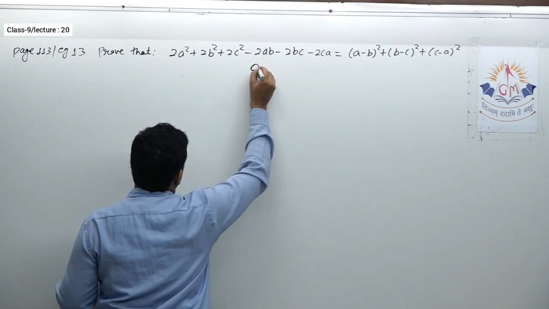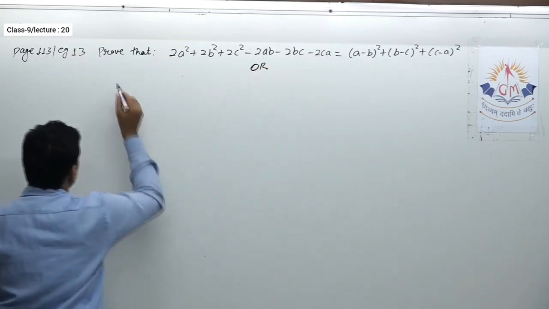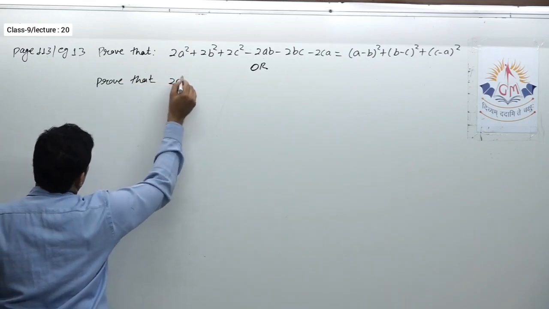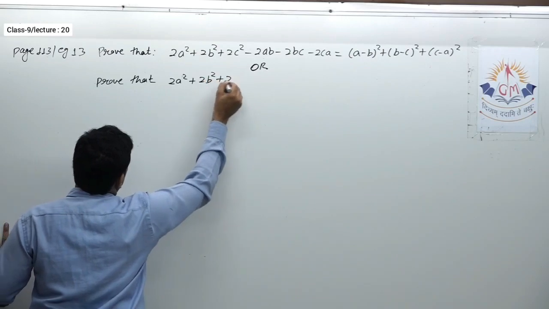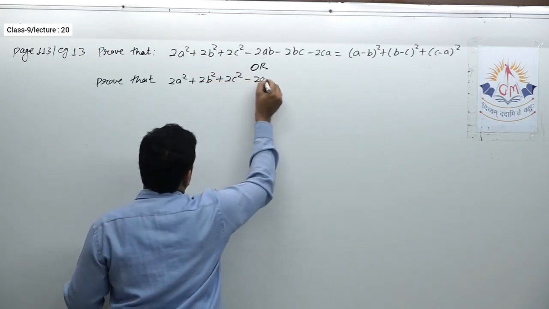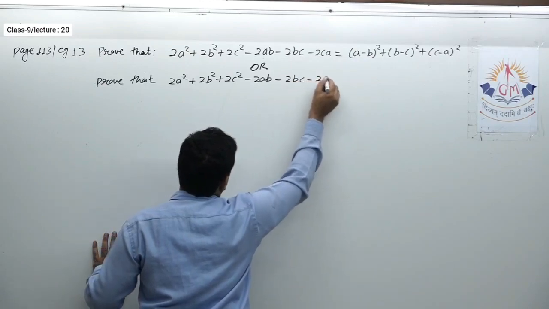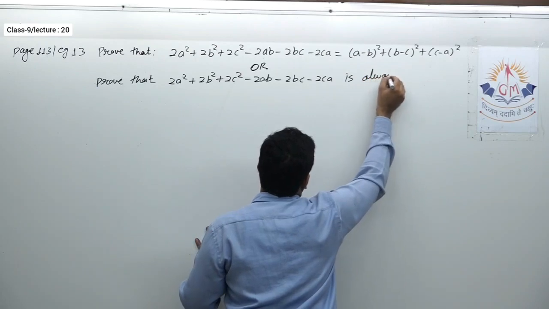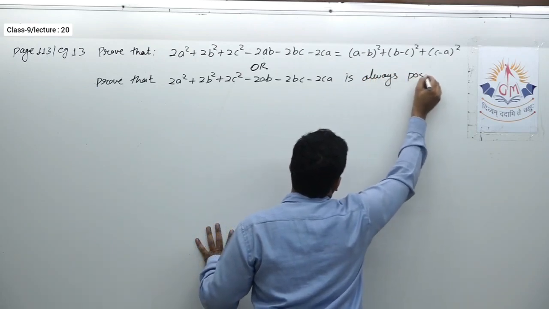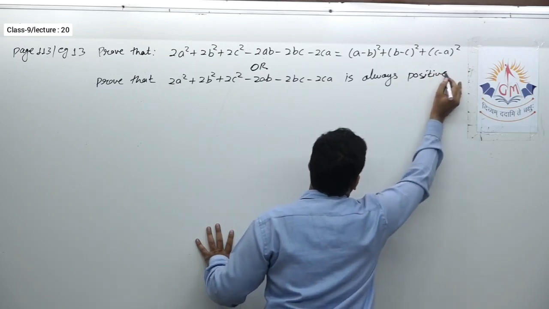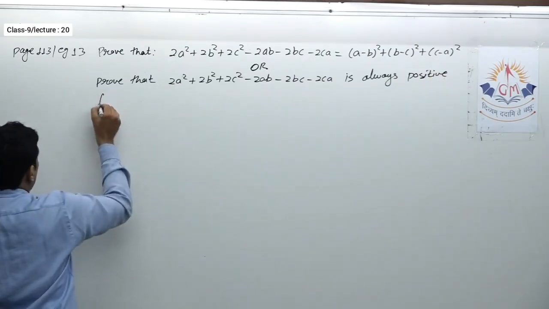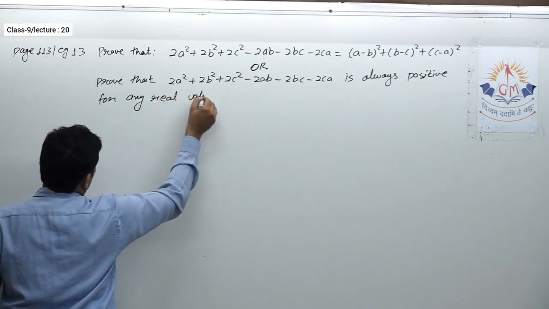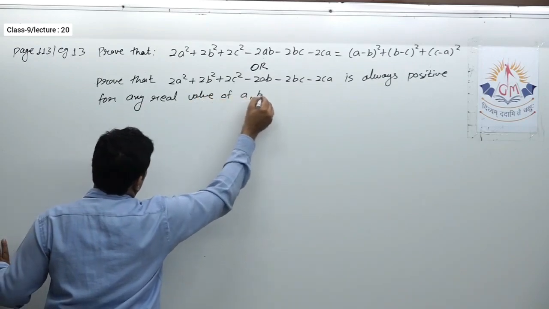I am writing the same question, or prove that 2a square plus 2b square plus 2c square minus 2ab minus 2bc minus 2ca is always positive for any real value of a, b and c.